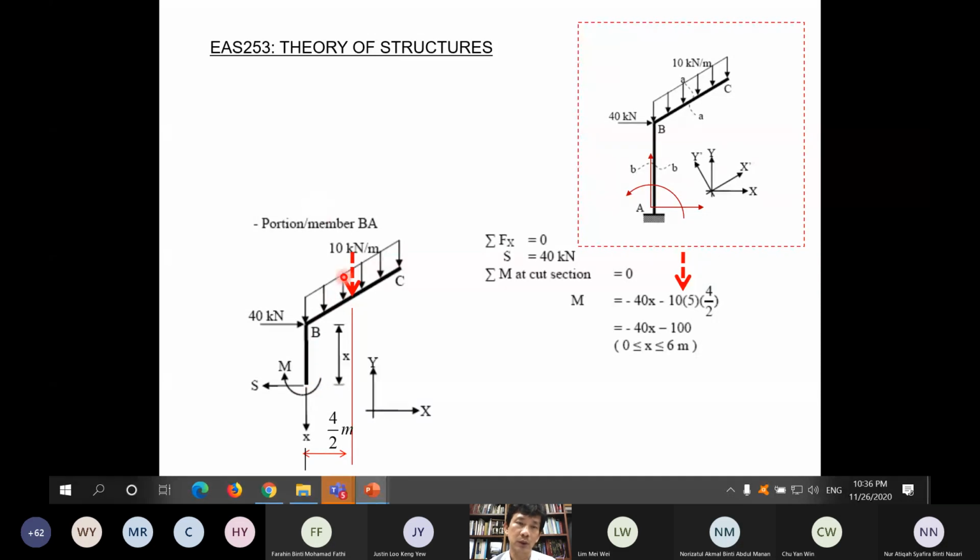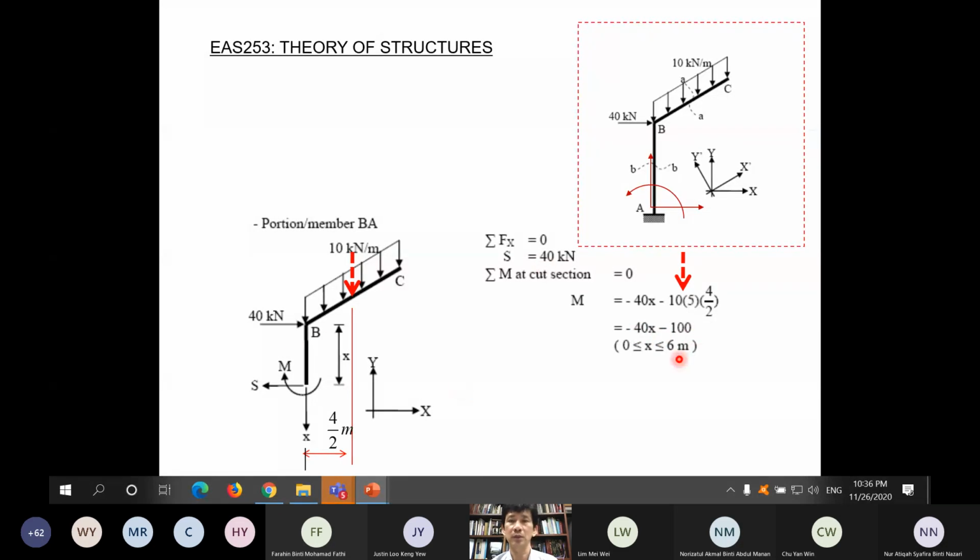The moment caused by this at this cut section is 10 multiplied with the total length to give the equivalent force, then multiplied with the perpendicular distance to the cut section, the horizontal distance divided by 2, because this is a UDL, so it acts at the center. So that gives us the bending moment. Simplifying, we get -40x minus 100, a straight line.